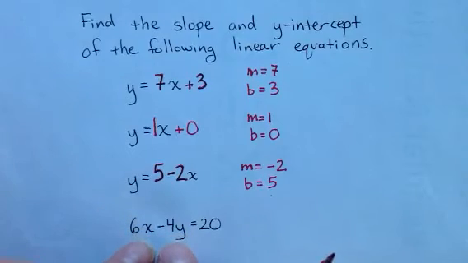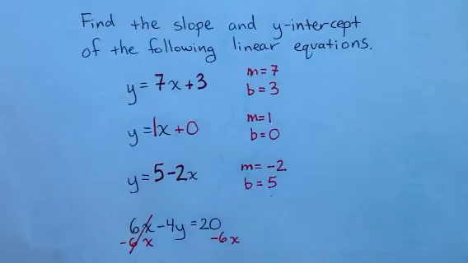Okay, my last example here is in standard form, so this is not solved for y. Now back in Unit 2, we learned how to solve literal equations. So what I'm going to do now is solve for y. I'm going to isolate y. To do that, the first thing I'm going to do is subtract 6x from both sides. Because of the inverse property, this will help me get rid of this term right here.